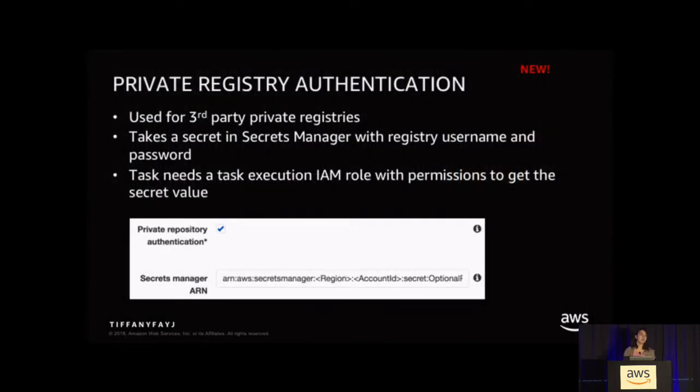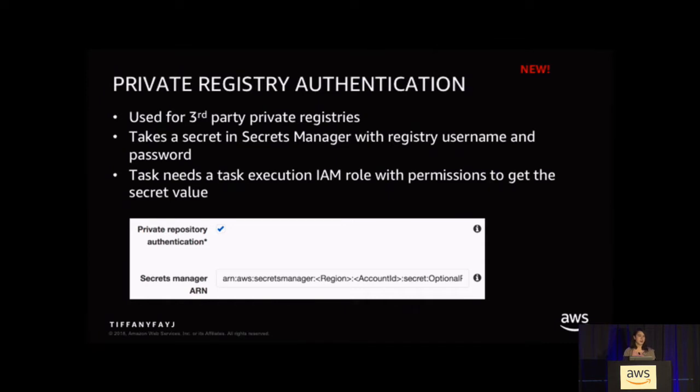So this means that if you are trying to use a private registry outside of ECR, you can give your registry credentials in Secrets Manager, which is another AWS service. In Secrets Manager, you give the registry's username and password, and then the task definition will use that to be able to pull from your repository.